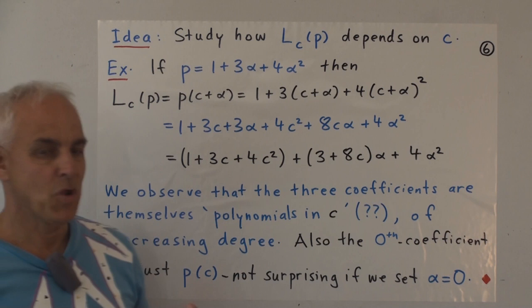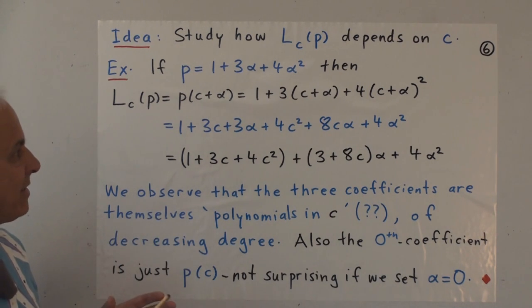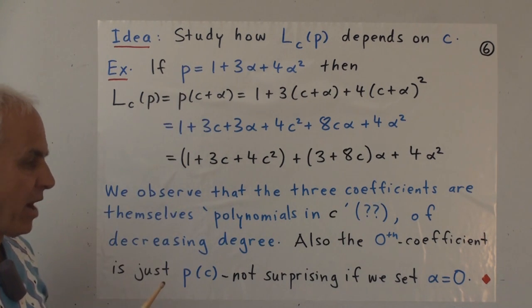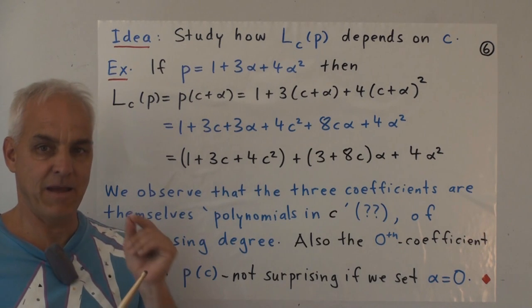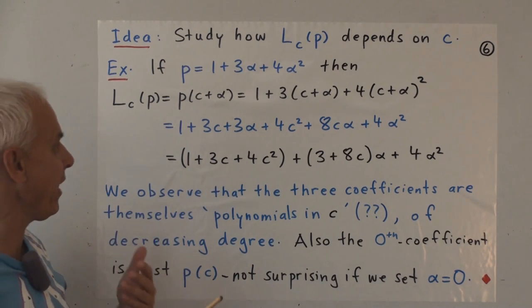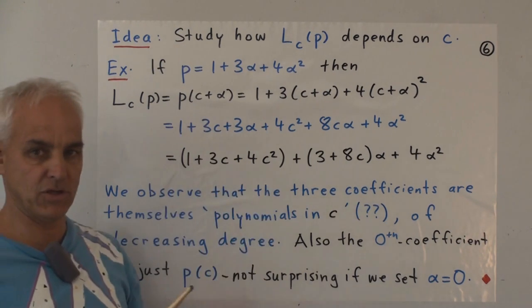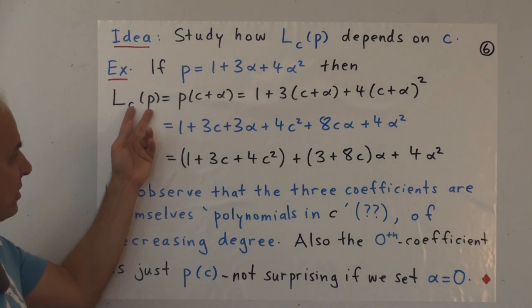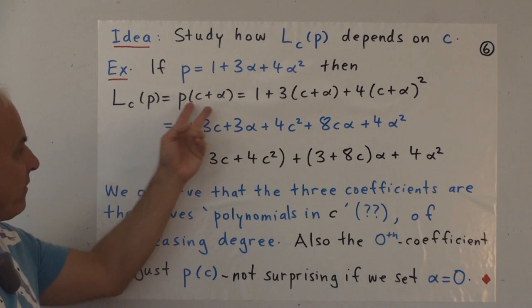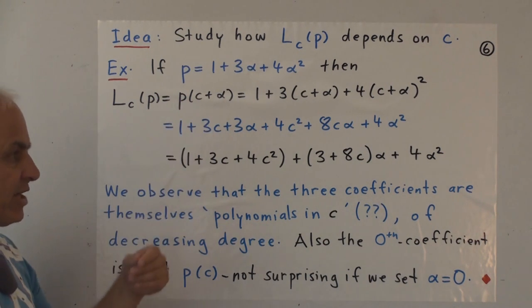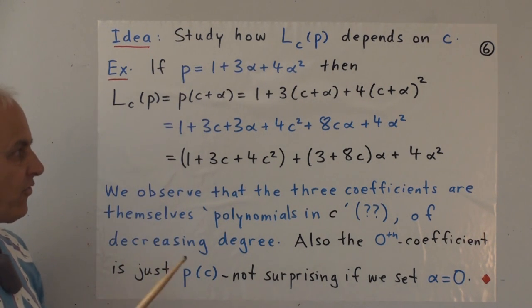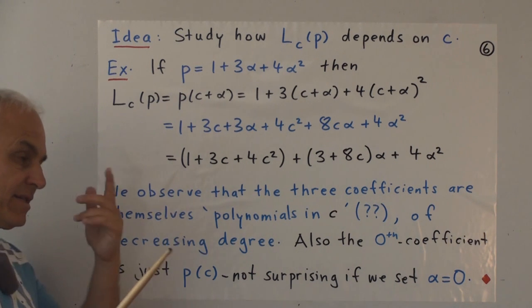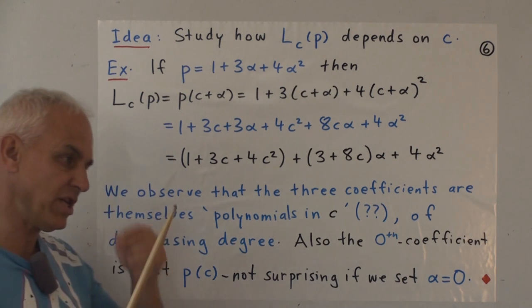So it means that we're going to translate p, but not by a fixed amount, but by a sort of general integer c. We're going to just substitute c plus alpha for alpha, where the c is just the letter c, representing some integer in our mind which isn't fixed.